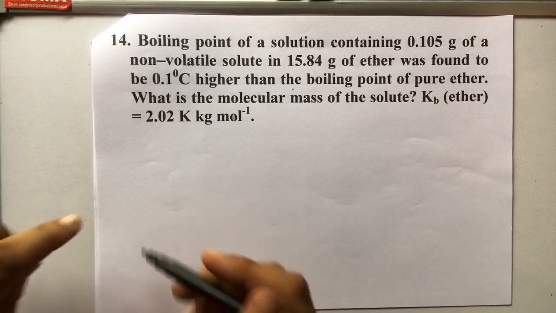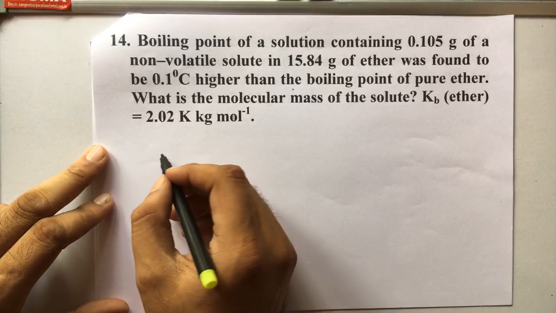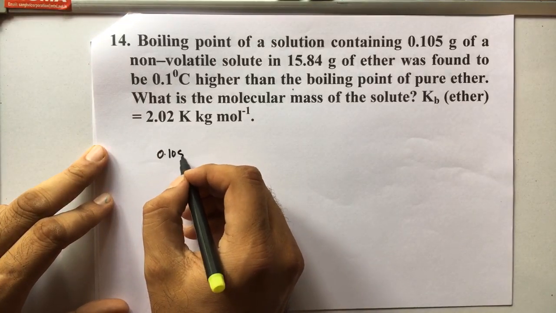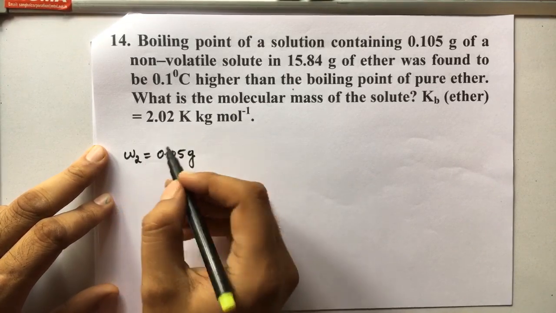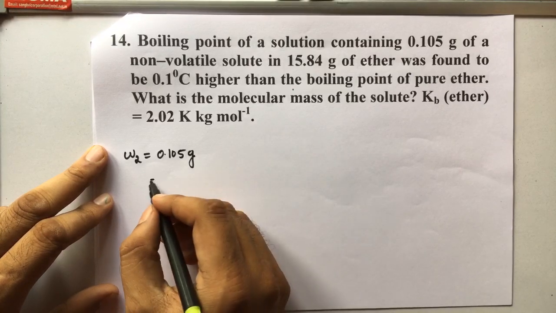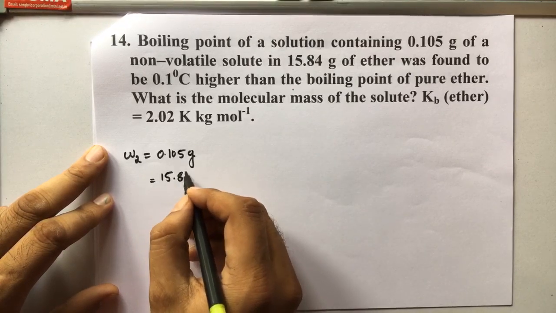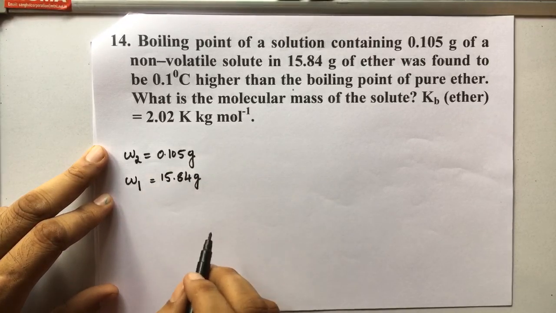Given things are: boiling point of a solution containing 0.105 gram of a non-volatile solute, so W2, in 15.84 gram of solvent, that is W1, that is ether.